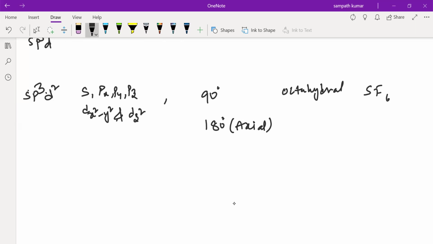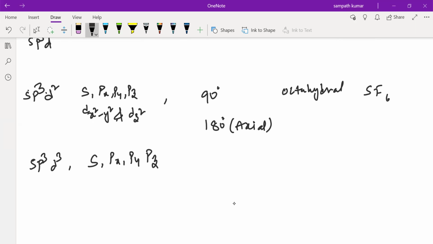Okay, next, what is the geometry? Next geometry is sp3d3, sir. In sp3d3, the s orbital, px, py, pz and d orbitals are participating. Which d orbitals?